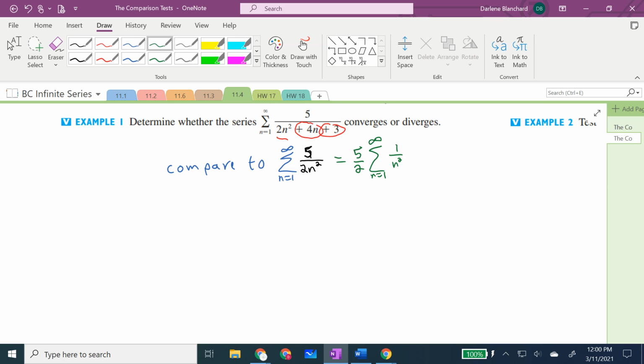Multiplying by a constant will not affect whether there is an answer to the series or not. So you are always allowed to pull a constant multiple out of your sigma and look at what's left and say, hey, that's a p-series. You don't have to write that, what I just wrote.